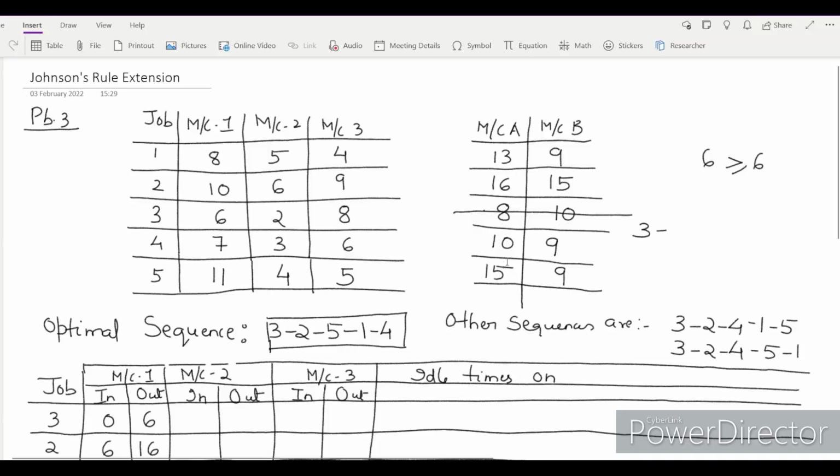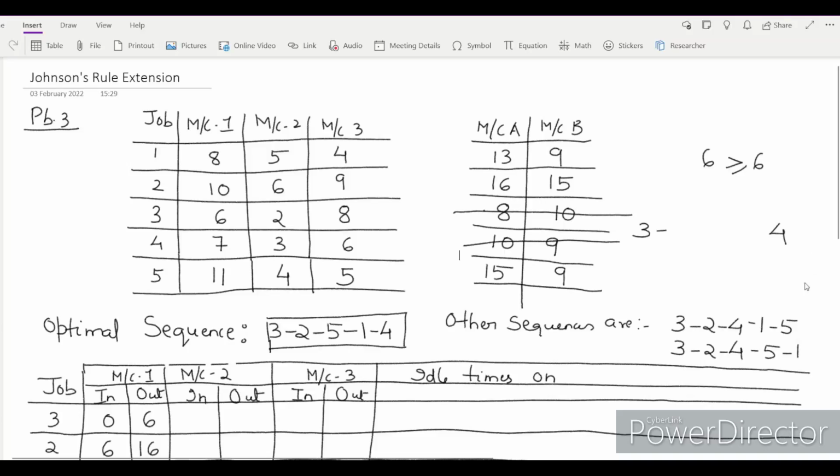You have to choose the smallest one, which is 10. It corresponds to job number 4. As it belongs to machine B, you will start filling from the extreme right hand side. So now I will write down 4 here. Then I will cut this one.